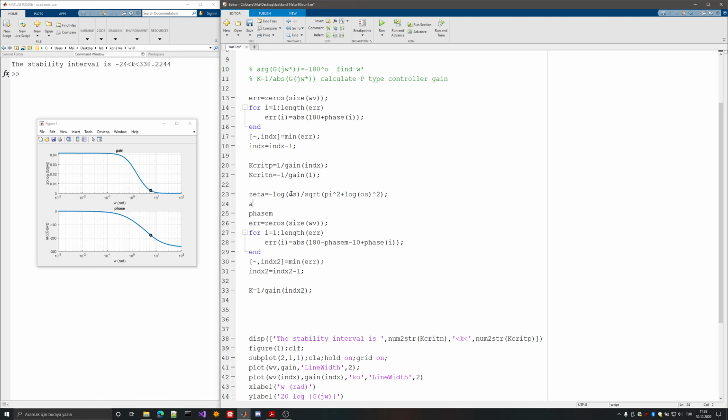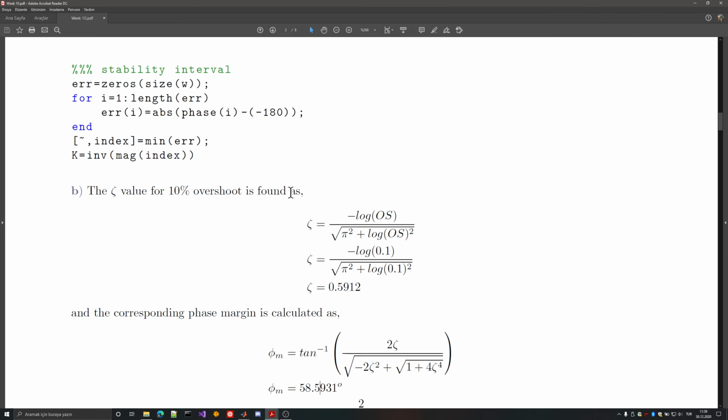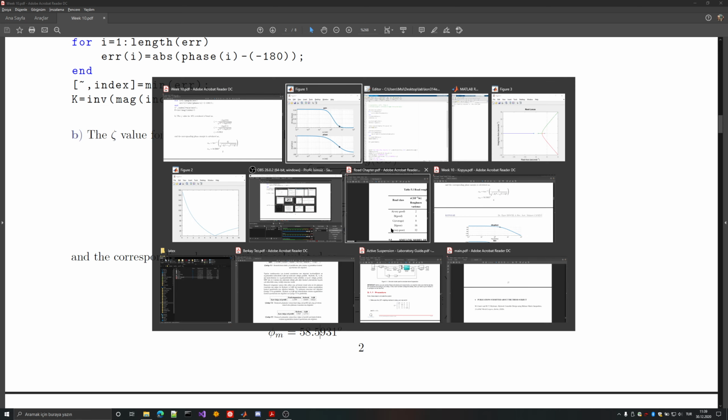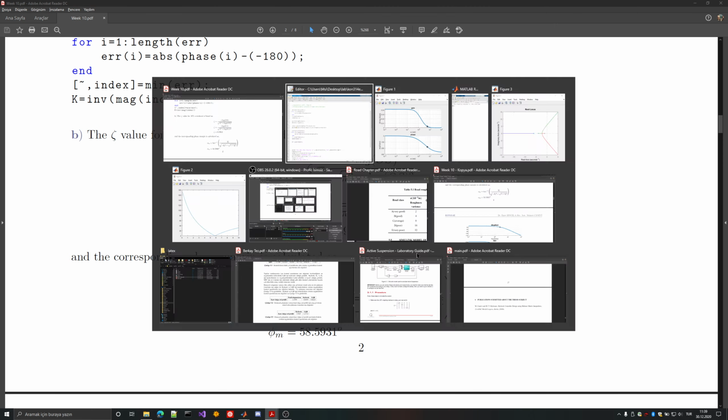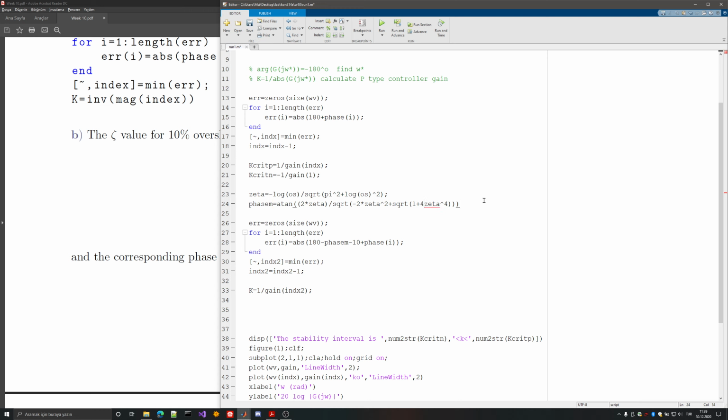And then we will use the arctan of, what was it again, 2 zeta divided by the square root again, exactly. Square root of minus 2 times zeta squared plus the square root of 1 plus 4 zeta to the power of 4. This should give me that.